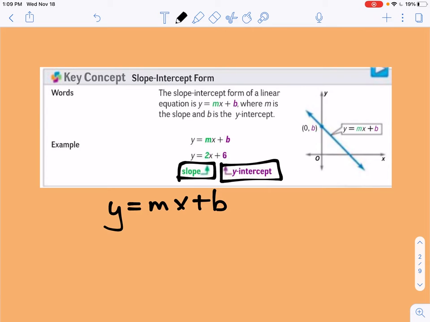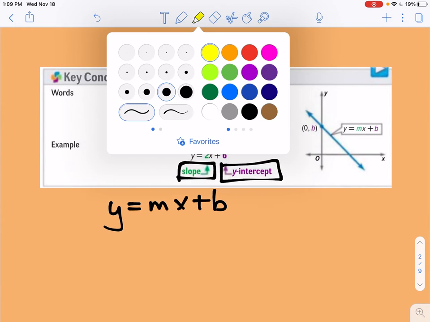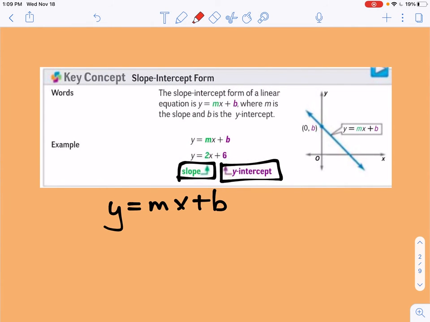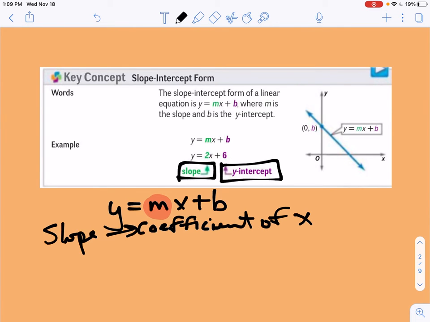One thing I want to clarify: I'm going to use the colors red and yellow a lot for slope and y-intercept respectively. So I'm going to highlight that, and that is slope. It's important to note that the slope is basically the coefficient of x. All right, so slope is the coefficient of x.